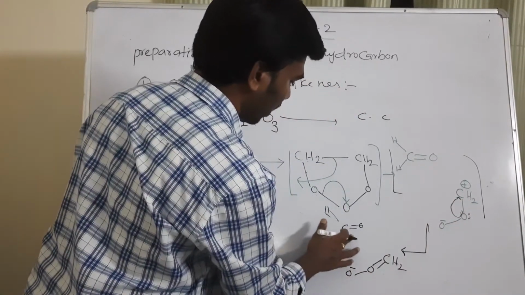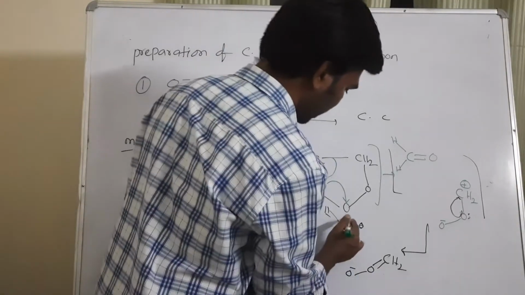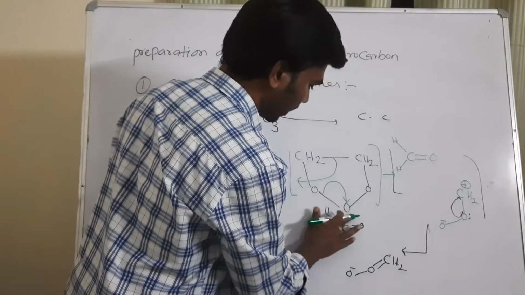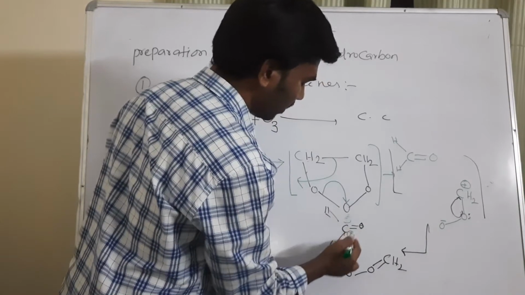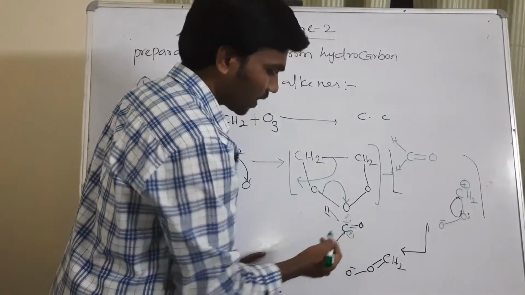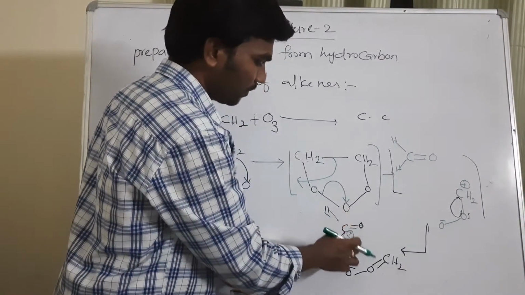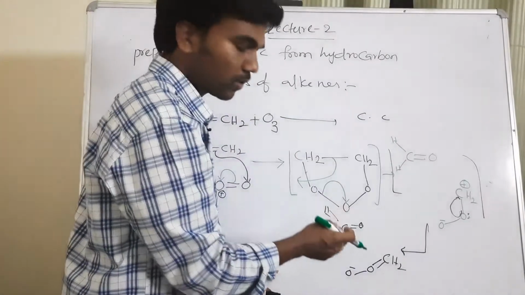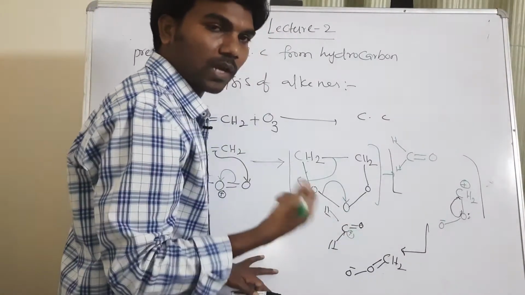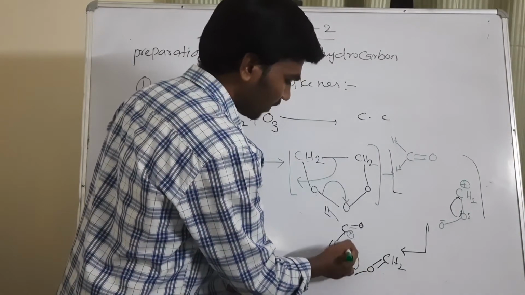Now in this carbonyl carbon, there is electron deficiency because of the electronegativity of this oxygen. Electrons move towards this oxygen side, so this carbon is suffering from electron deficiency. When carbon is electron deficient, it requires a nucleophilic center, which has more electron density. So it will attack here.